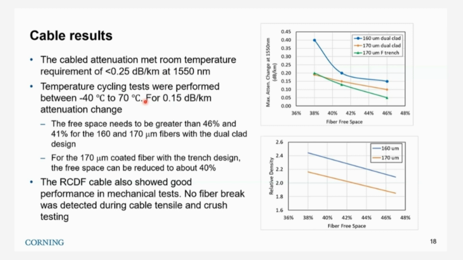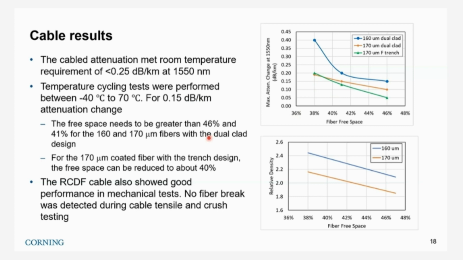So we use the standard temperature cycling procedure. In the standard, they use 0.25 dB as the maximum allowed change at minus 40 degrees C, and we use 0.15 in order to have a guard band for our fiber performance.